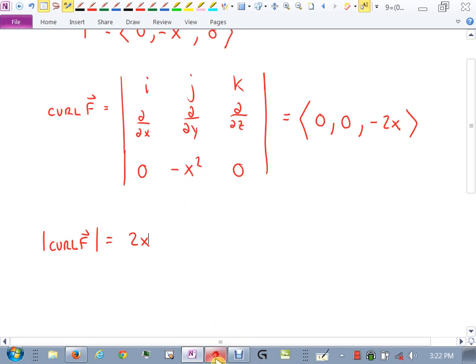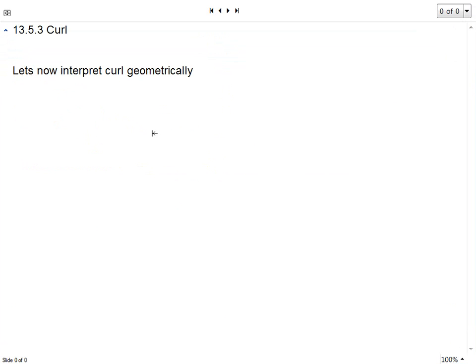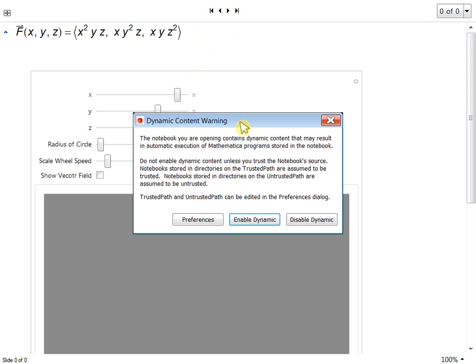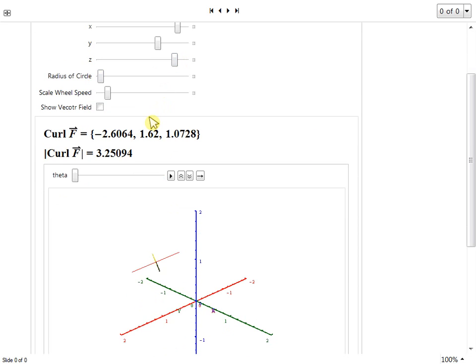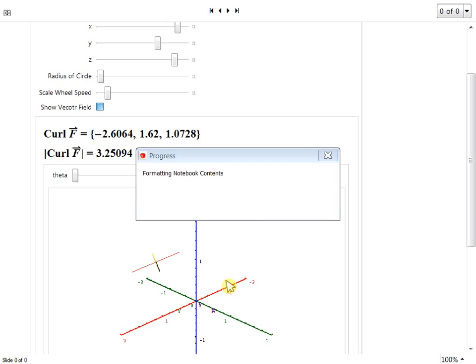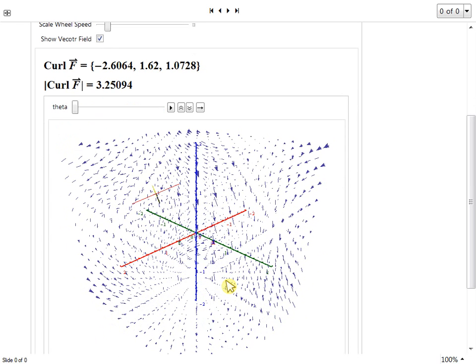Now for the fun stuff. Let's try and understand what curl is geometrically. We have a vector field, right?